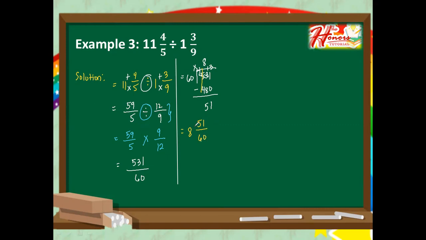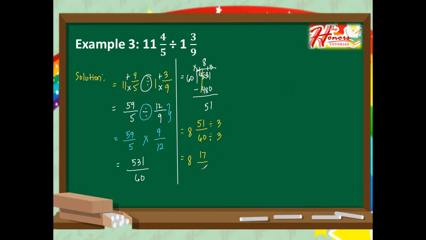Is this the final answer? No, it's not. Because we can still divide this by 3. So we have here 8 and 51 divided by 3. So that's 17 over 60 divided by 3.